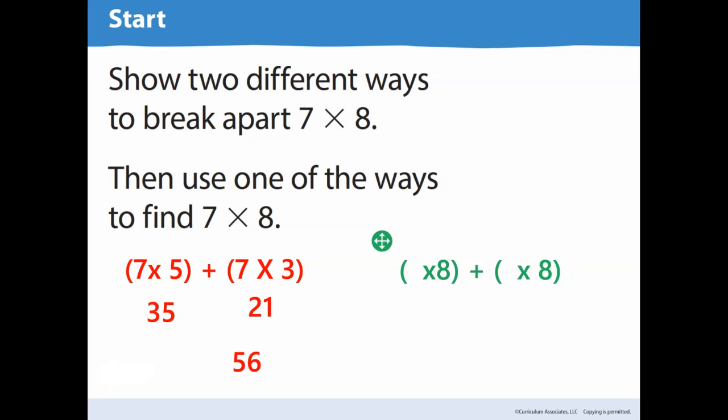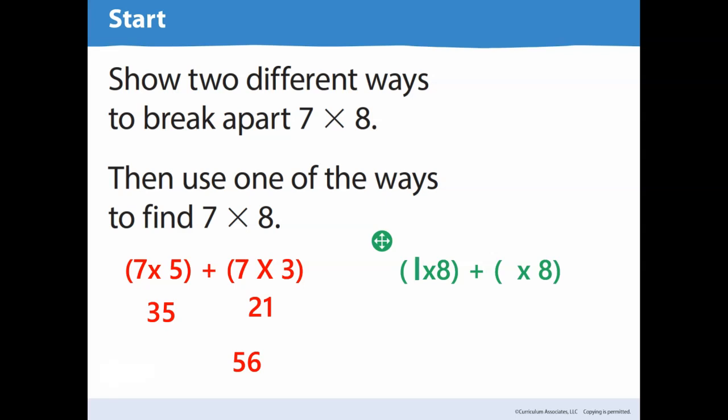So what two numbers give me 7? 4 and 3. What else? 5 and 2. 6 and 1. 3 and 4. 1 and 6, or 6 and 1. 5 and 2, or 2 and 5.